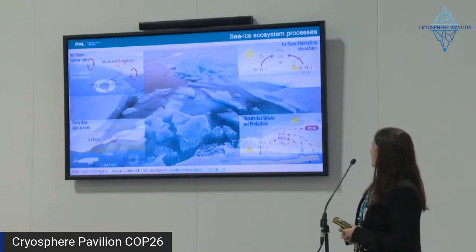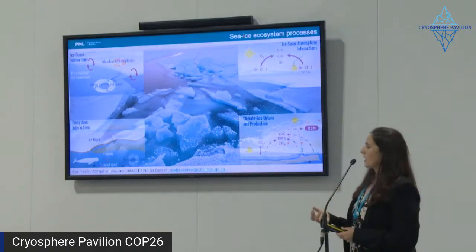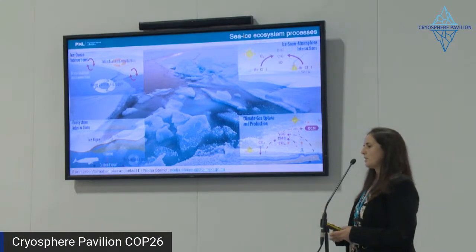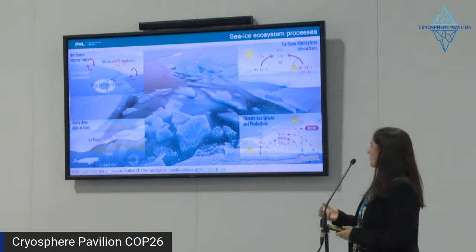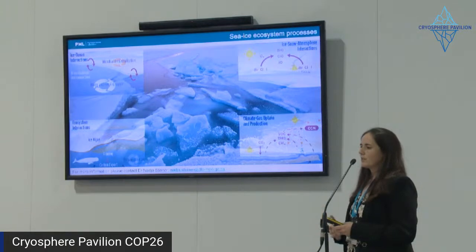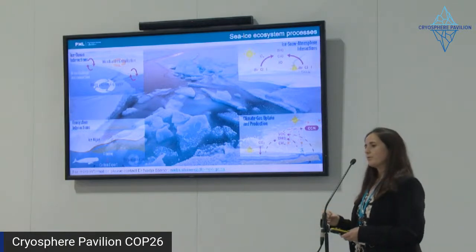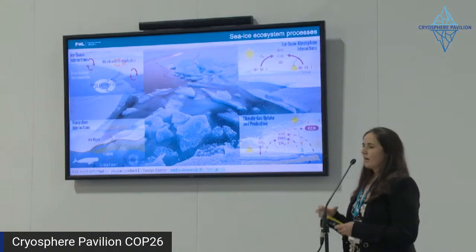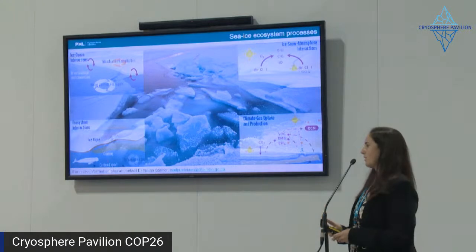The other aspects related to ice and ice algae and phytoplankton is that those phytoplankton communities can release things like dimethyl sulfide, which you may have come across, or volatile organic compounds. And those gases are fundamental for helping to produce cloud condensation nuclei, and that results in clouds being formed in the atmosphere.